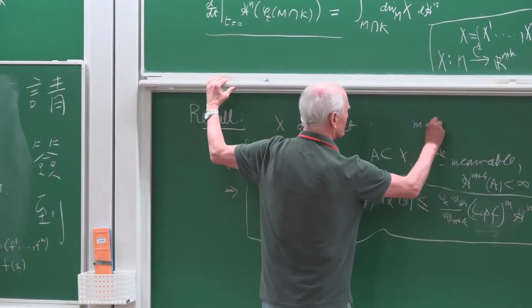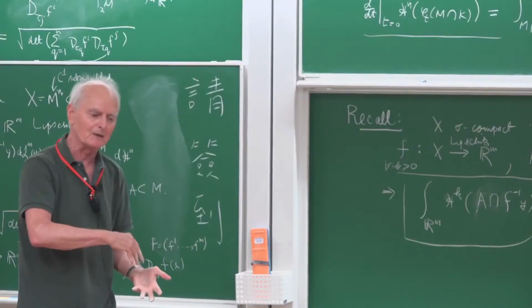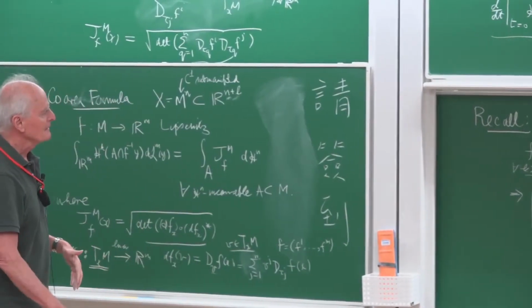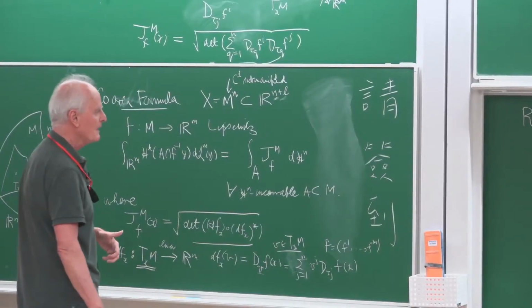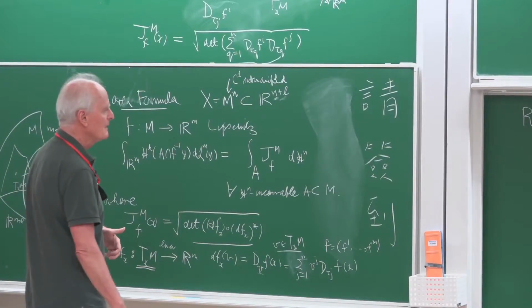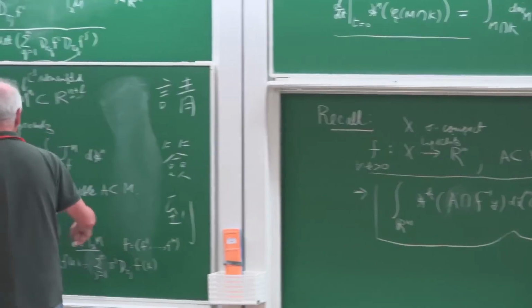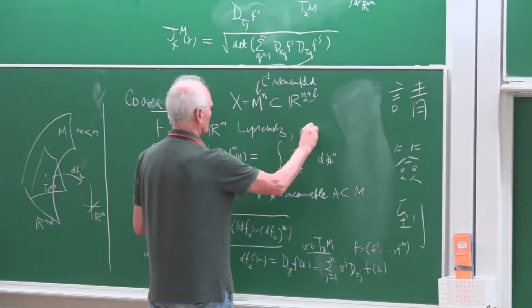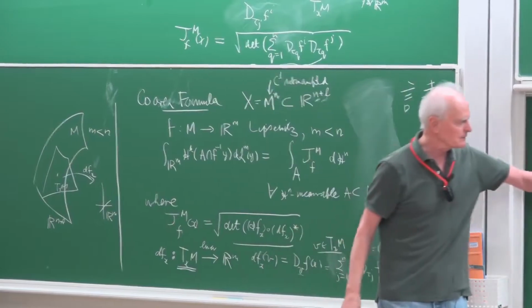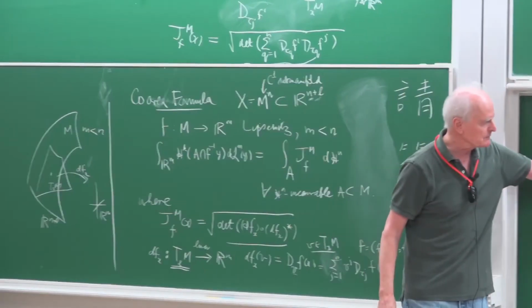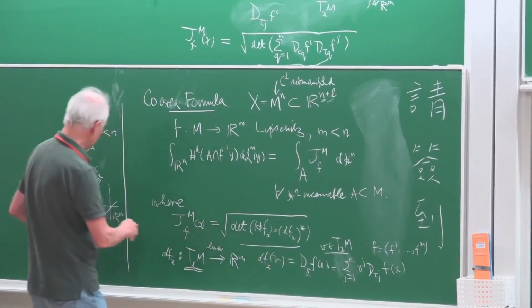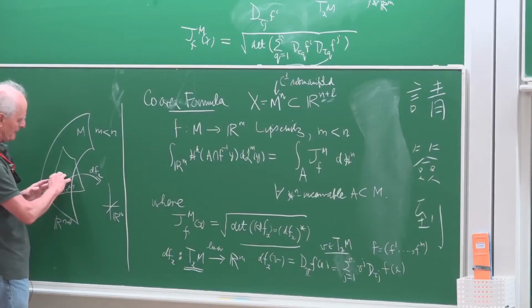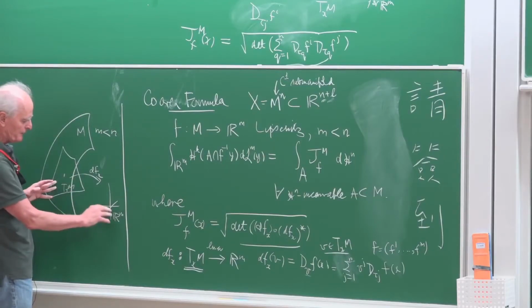In the area case, we needed m bigger than or equal to n. This one's general, there's no assumption on m and n there, but for this one we need m less than n. And then the maximum rank here is m. Otherwise J will be 0.